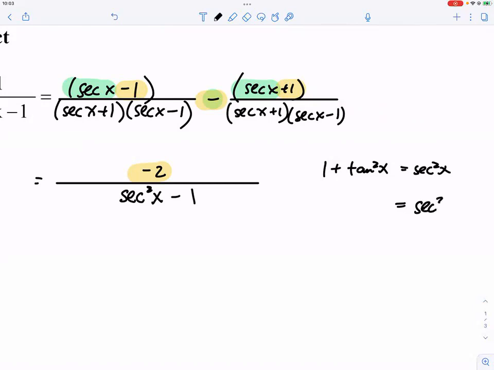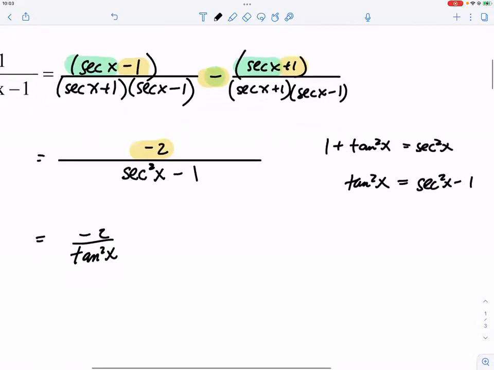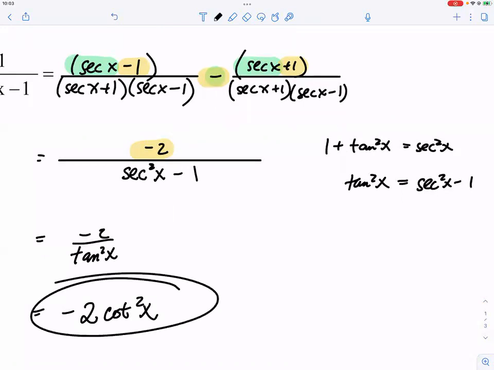You're like, oh, yeah, I remember this one. Secant squared x minus 1 is tangent squared x. So to make it the simplest version, you will write this as -2 cotangent squared x. Okay.